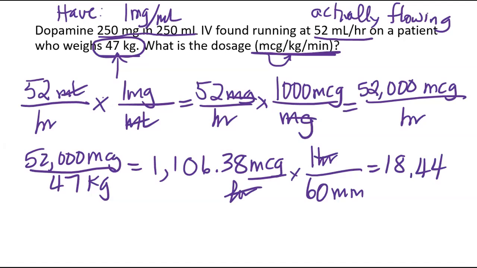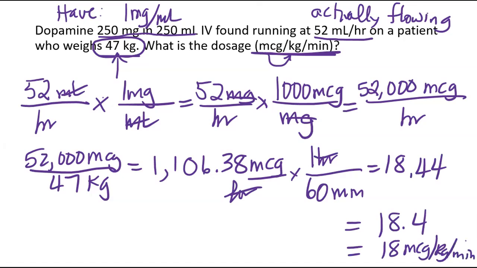We have 18.44 micrograms per kilogram per minute, or 18. Okay, it would be micrograms per kilogram per minute. And this is kind of confusing, but if you think about it, we just divided this by the number of kilograms of the patient, and that's how we got micrograms per kilogram.